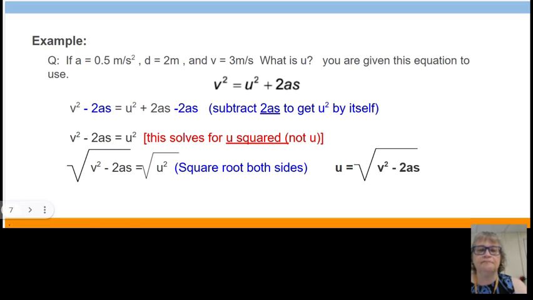But this is solving for u squared. I want just u. The opposite of squaring something is square rooting it, right? So in this case, if I take the square root of both sides, u squared square root is just u, and then everything else stays the same. So you now have the square root of v squared minus 2 times a times s.